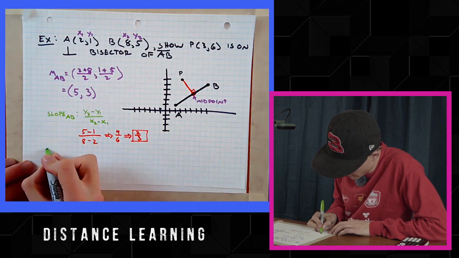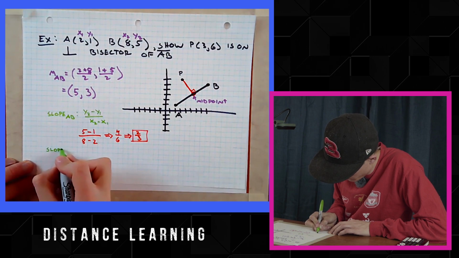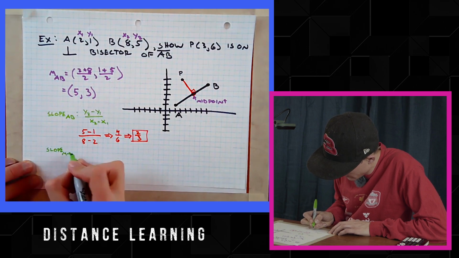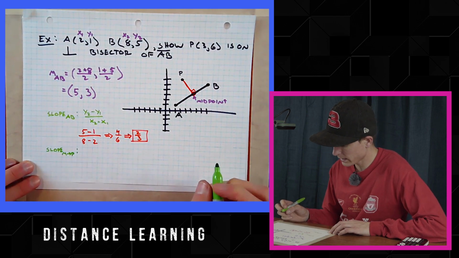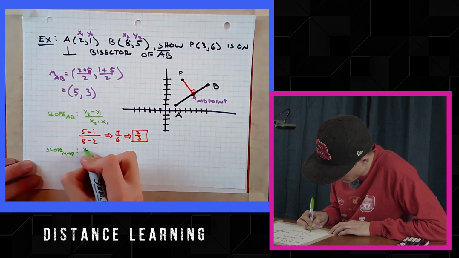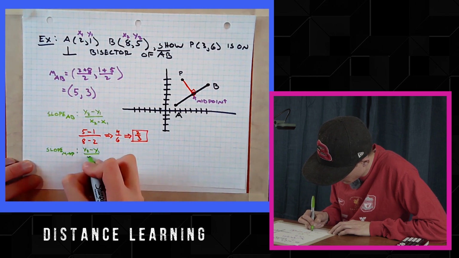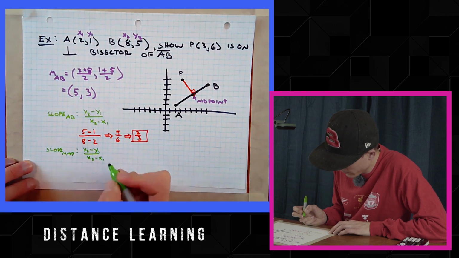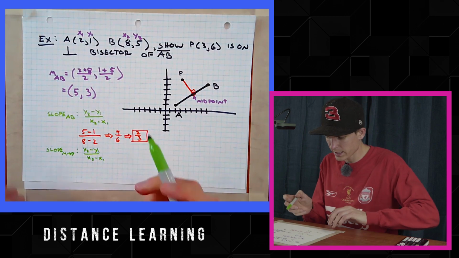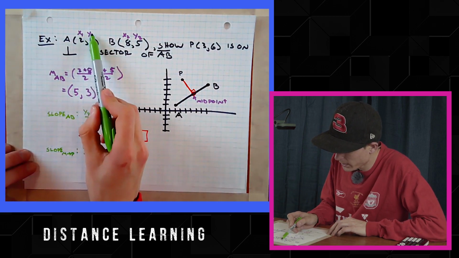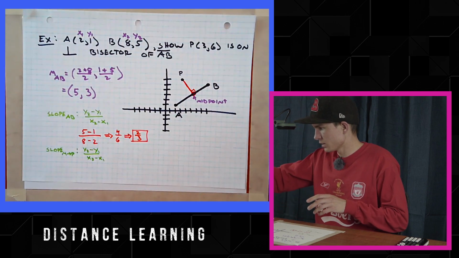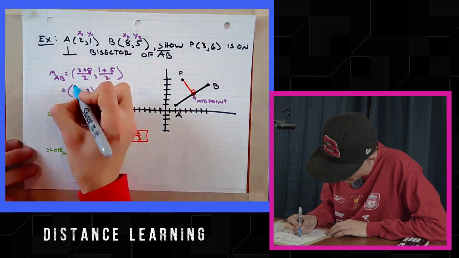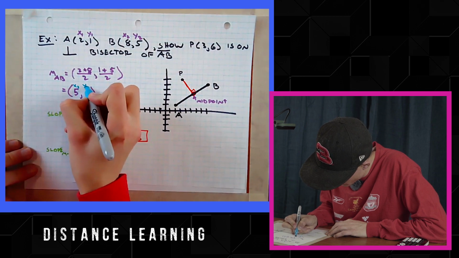Talking pretty fast, aren't I? Slope midpoint to P, or P to midpoint, either one. So let's see. Remember, y2 minus y1 over x2 minus x1. However, we're gonna say that this is still x1, y1, but I'm gonna call this x2, y2.